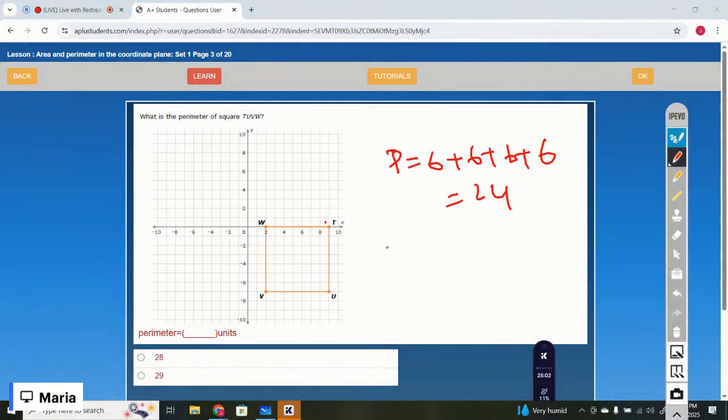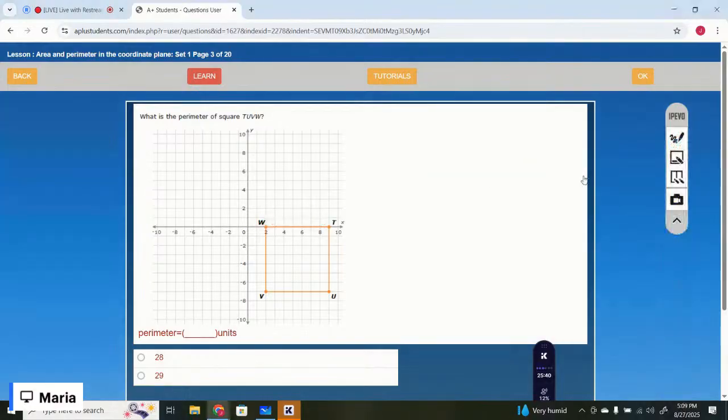That is 1, 2, 3, 4, 5, 6, 7. So 7 plus 7 plus 7 plus 7. Which is the correct option? That is 28. Option number 1 is the correct option. 28 it is.